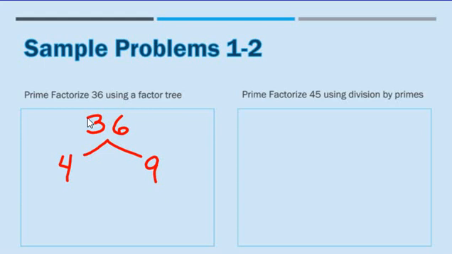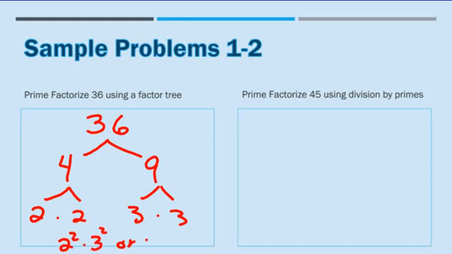And I know that 4 can be broken down as 2 times 2, and 9 can be broken down as 3 times 3. And so if I were to put my answer together, it would be 2 squared times 3 squared, or you can write it as 2 times 2 times 3 times 3.